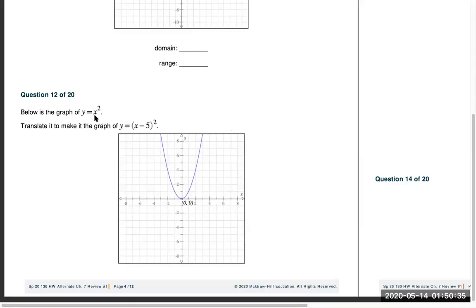Okay, so what I want you to notice, this is our parent on the top. Y equals x squared. And then the translation, we're going to have y equals x minus 5, the quantity squared.